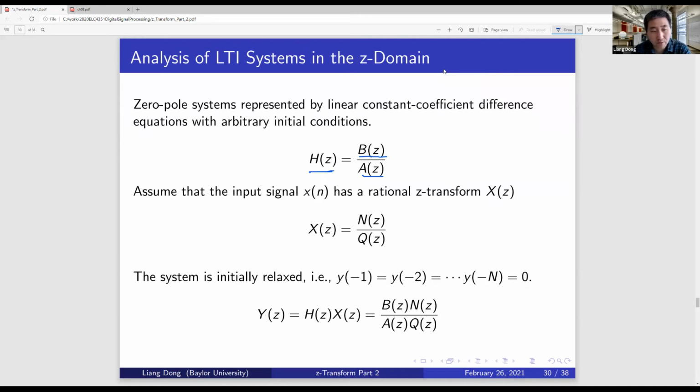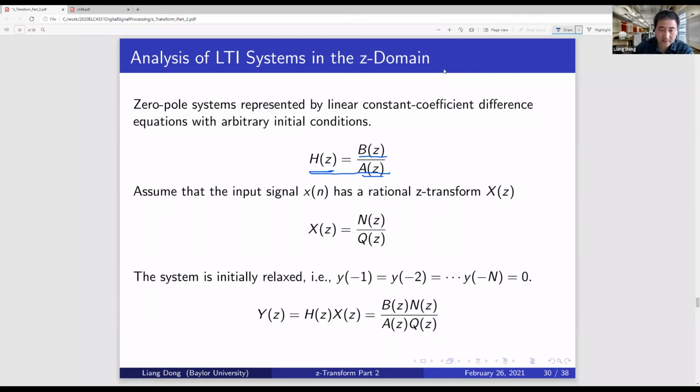So you have both zeros and poles in the system, represented by a linear constant coefficient difference equation with arbitrary initial conditions. We know this represents a difference equation, it represents a system.